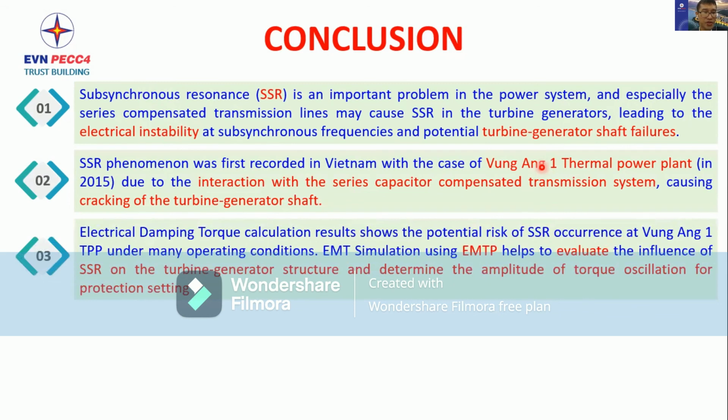And electrical damping torque calculation results show the potential risk of SSR occurrence at Vung Ang 1 thermal power plant under many operating conditions. EMT simulation using EMTP helps to evaluate the influence of SSR on the turbine generator structure and determine the amplitude of the torque oscillation for protection setting.